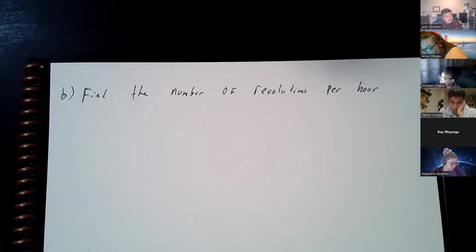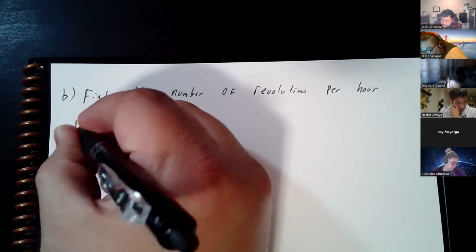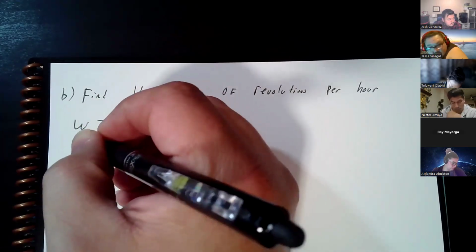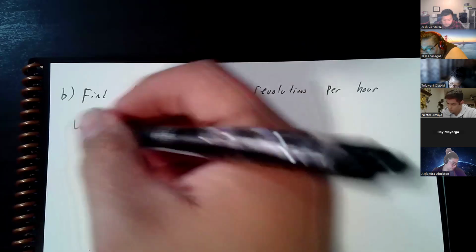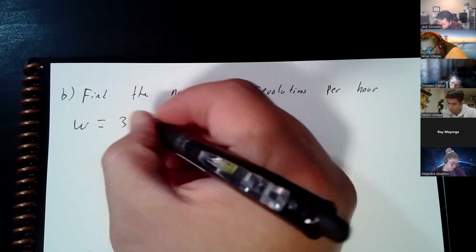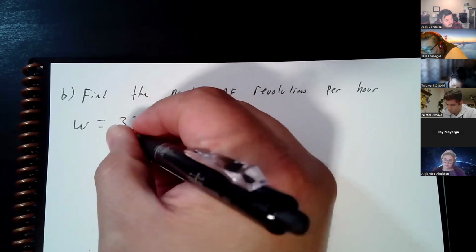Okay. So we have omega equal to 33 radians per minute.